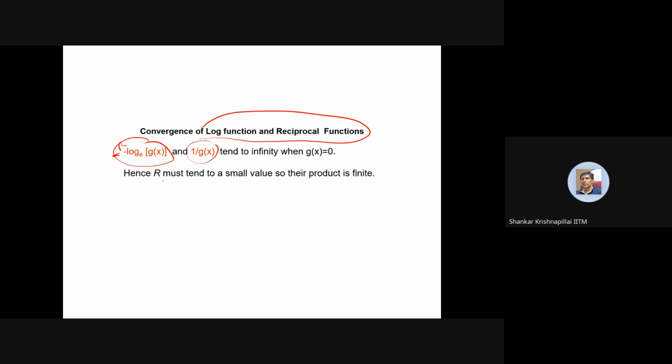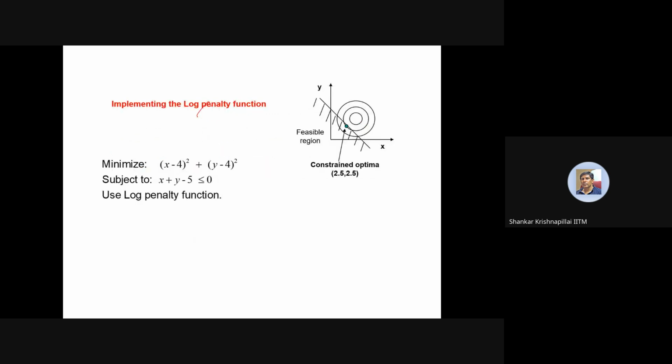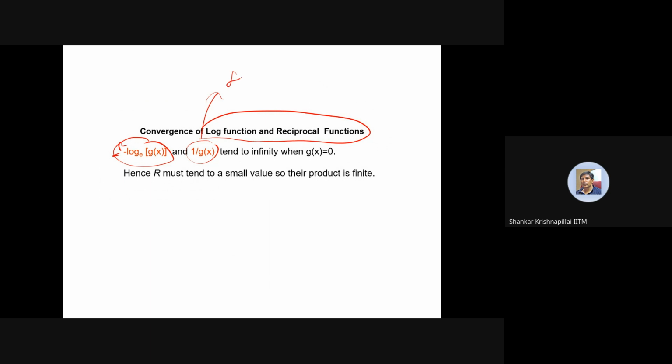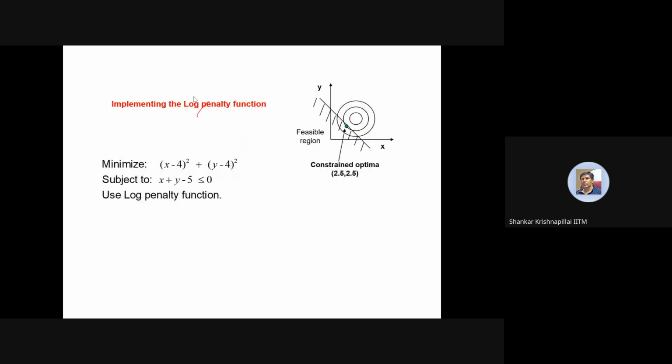The logic is that this 1 by g(x) will tend to infinity at the boundary, and minus log g(x) will also tend to infinity. So the value of r must be small enough to neutralize this infinity so that it becomes a finite value.